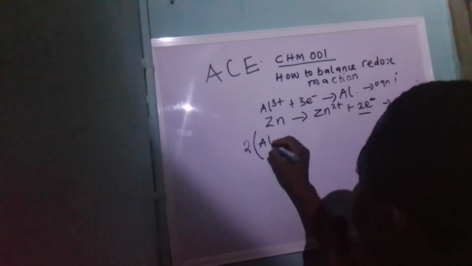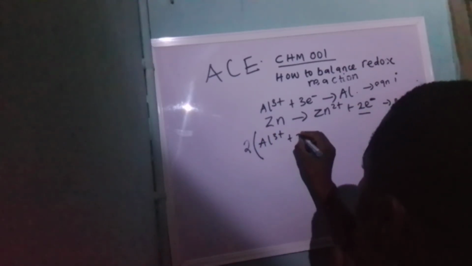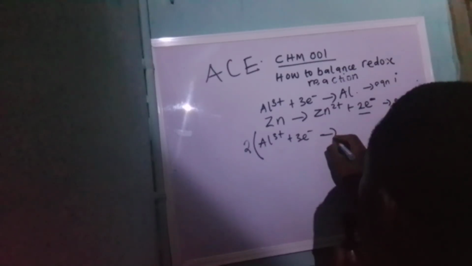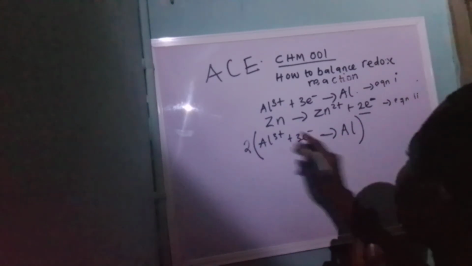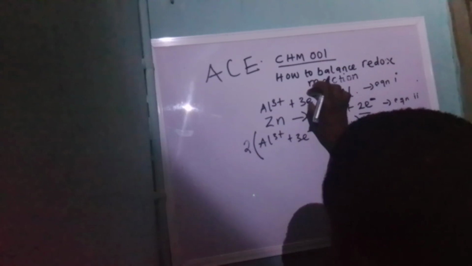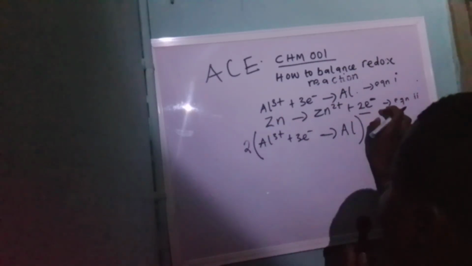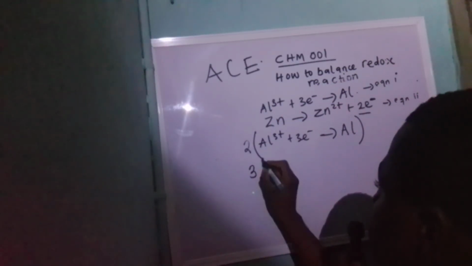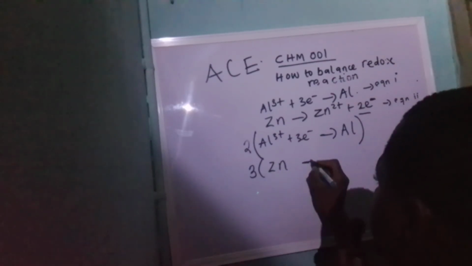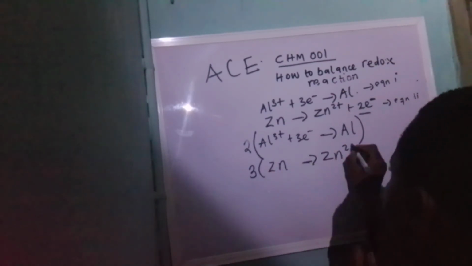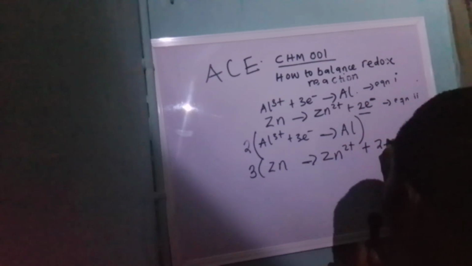I have Al3+ plus 3e- to give me Al. Here too, I'll be using this number of electrons to multiply everything here: 3 into bracket Zn to give me Zn2+ plus 2e-.